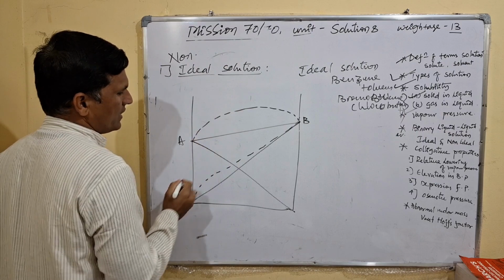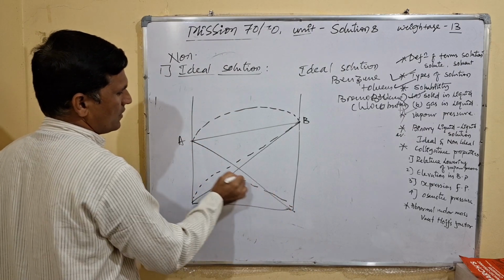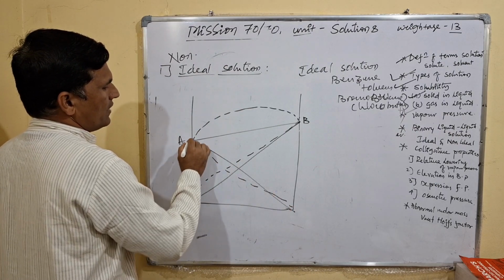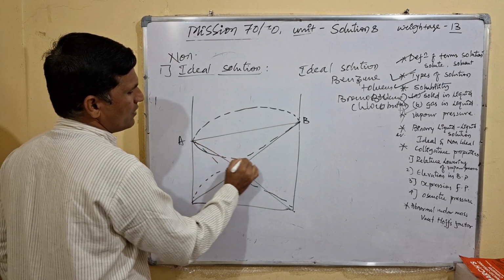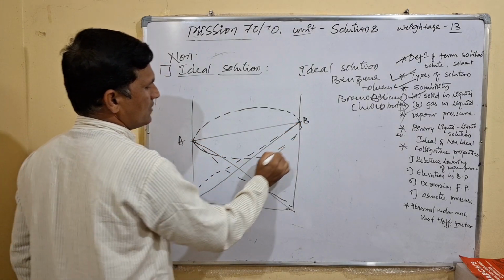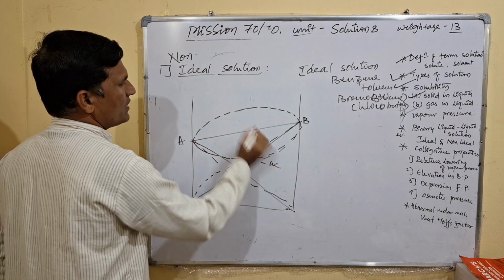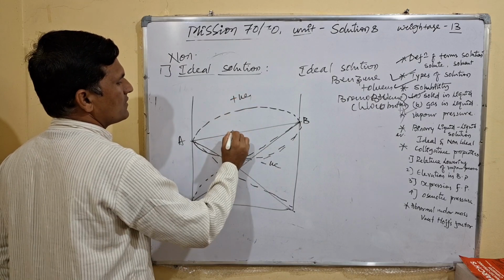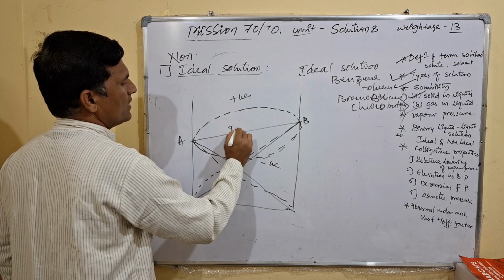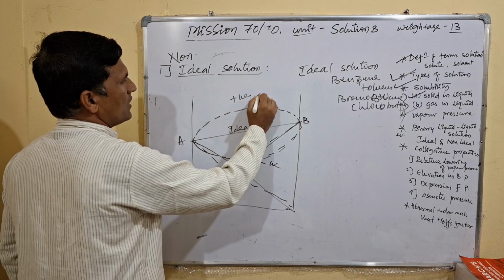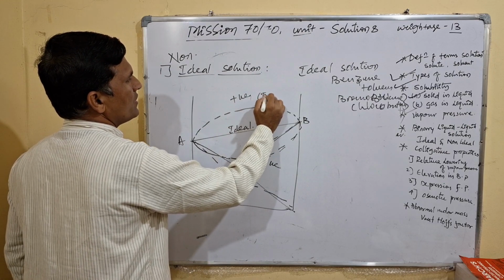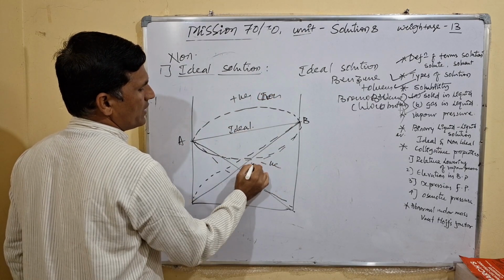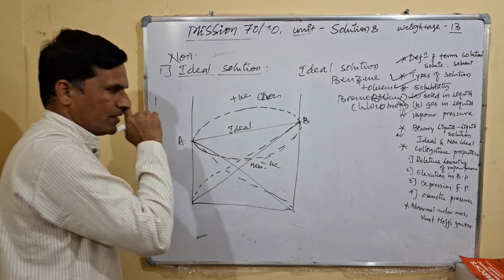Your graph will be like this. And if it is showing negative deviation, you will be having graph like this. Okay, so this is negative deviation, this is positive deviation, and this is what? Ideal situation we call. And this is non-ideal with positive deviation, and this is non-ideal with negative deviation.